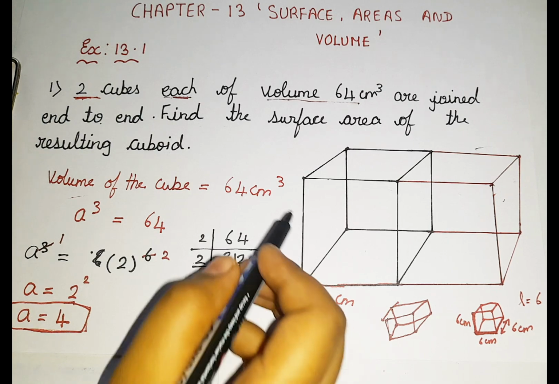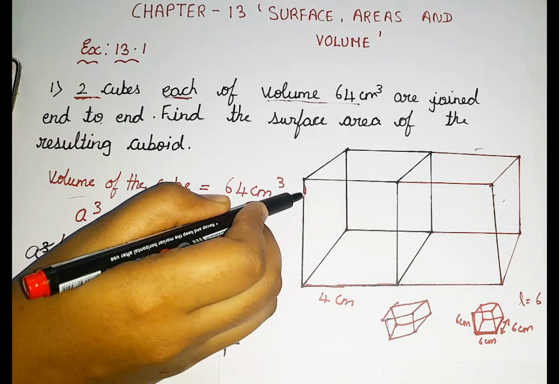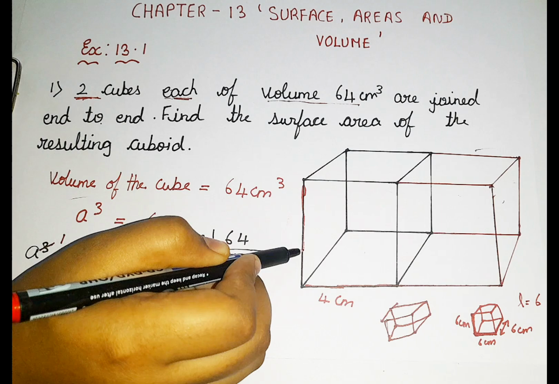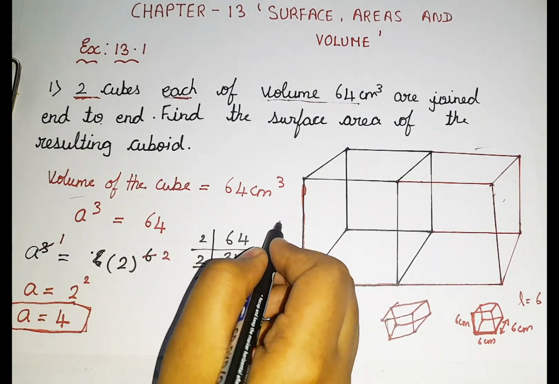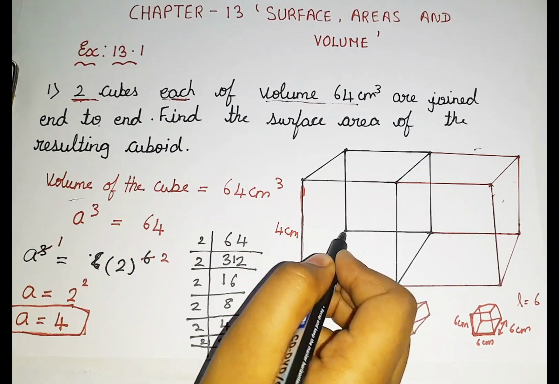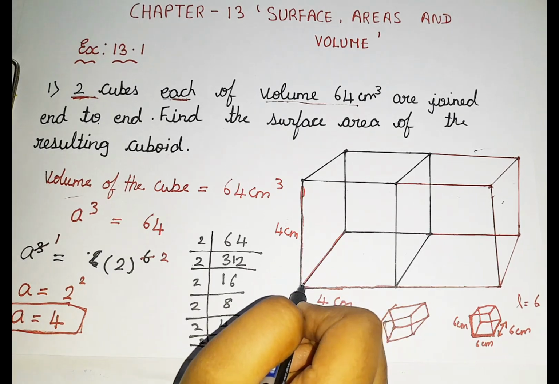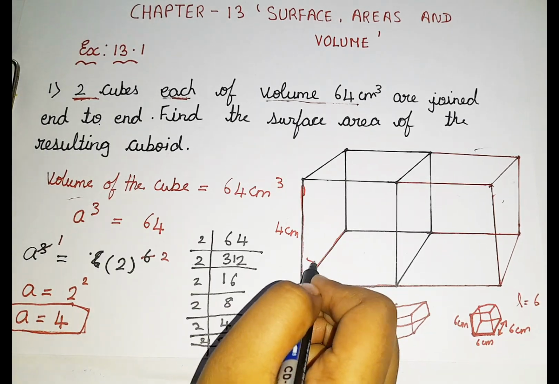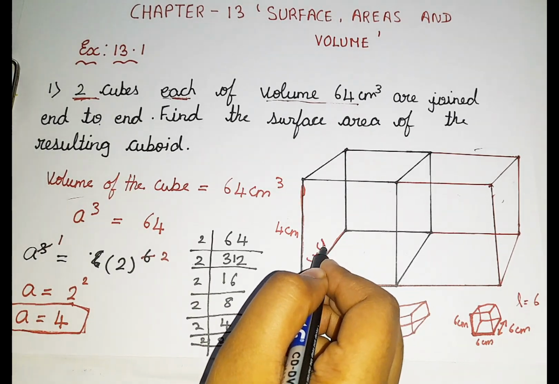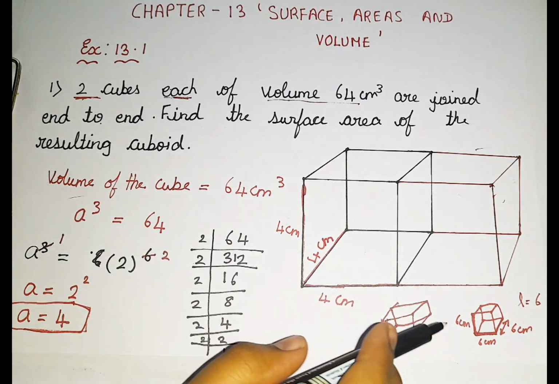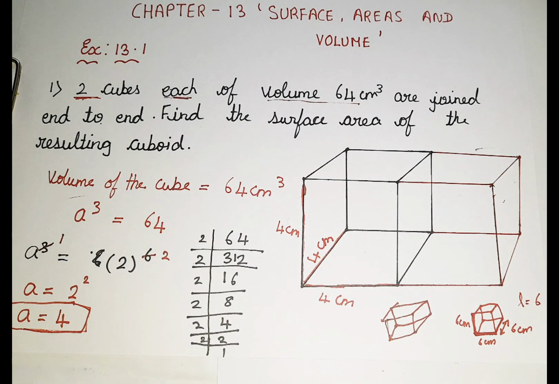Then what about height? Height is also 4 centimeter. Then what about breadth? Breadth is also 4 centimeter. Why? Because that is the speciality of cube. So now this is the measurement of cube.